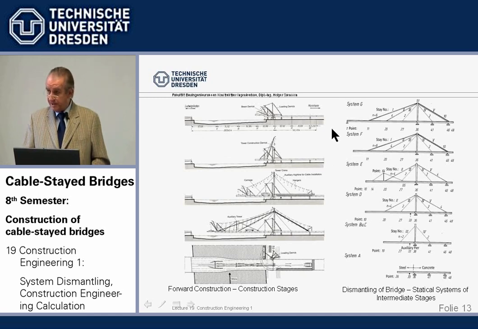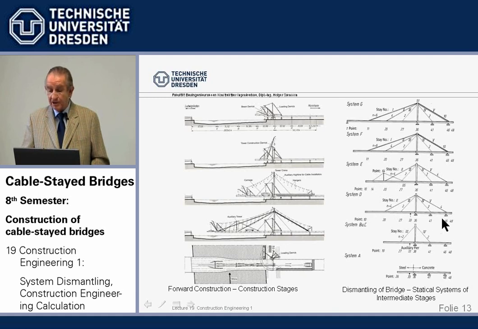Calculation-wise, we do it the other way around. We start with the final completed system, system G. We take off the support, we take off the cantilever. Now we have the little complication that this cantilever, after we've taken out this cable, is a little long, so we need a little auxiliary strut there, but that's just something special.